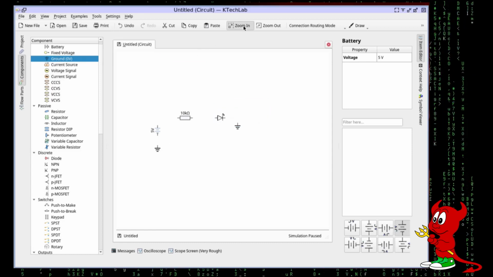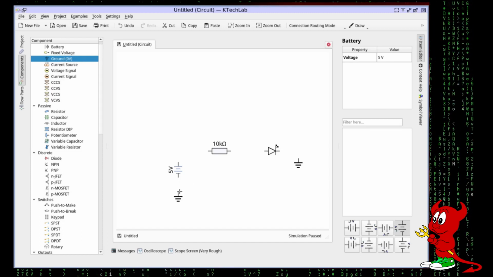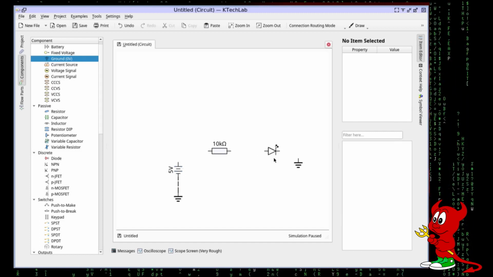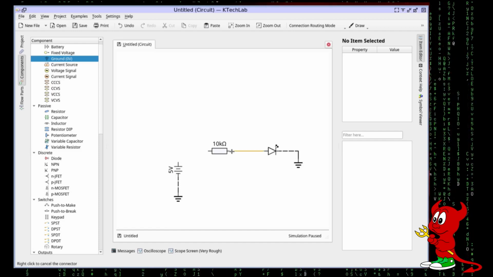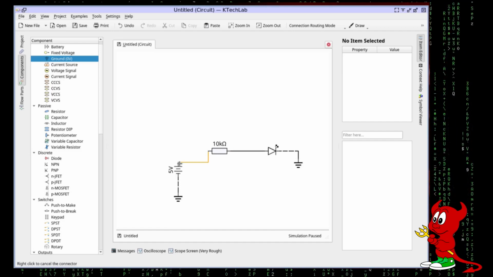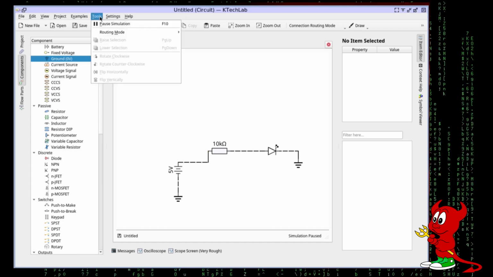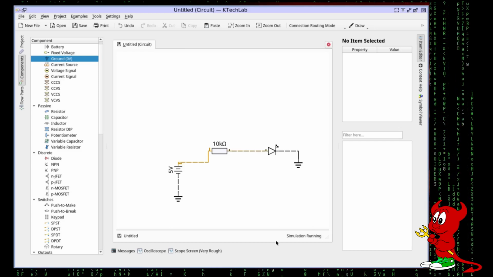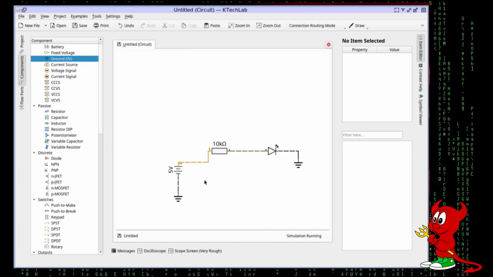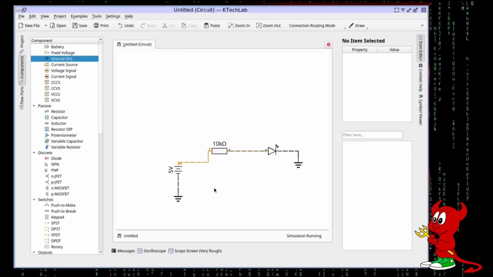Let's connect the components. Let's go to the tools, click on the pause simulation, and now the simulation should be running. As you can see, the circuit is working.